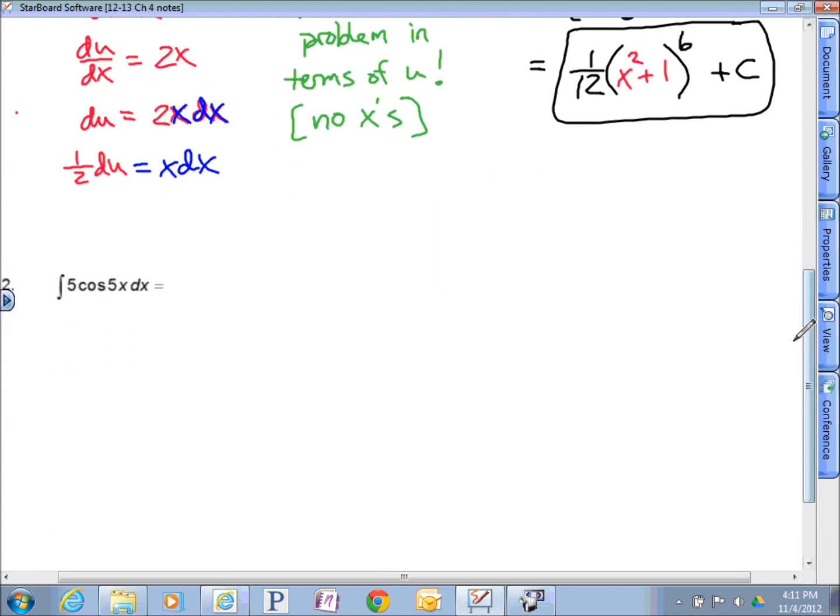Do we have a function inside of another function? Yeah, I think we do, because here it looks to me like there's a 5x that's inside of cosine. So if there's a 5x inside of cosine, let's make u equal to 5x. That's my inside function. So du over dx would be 5.